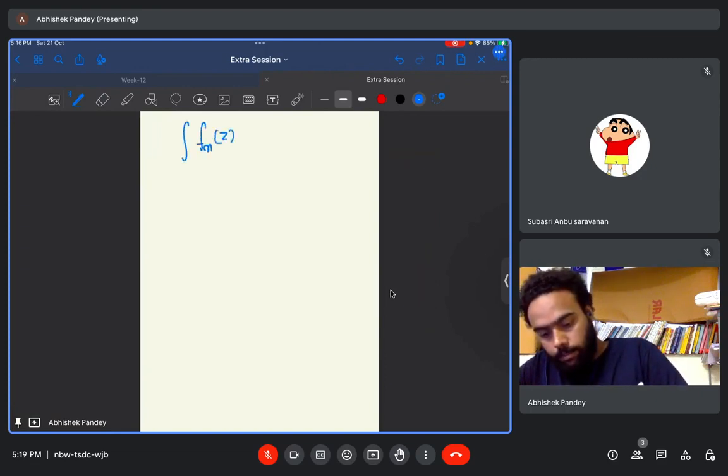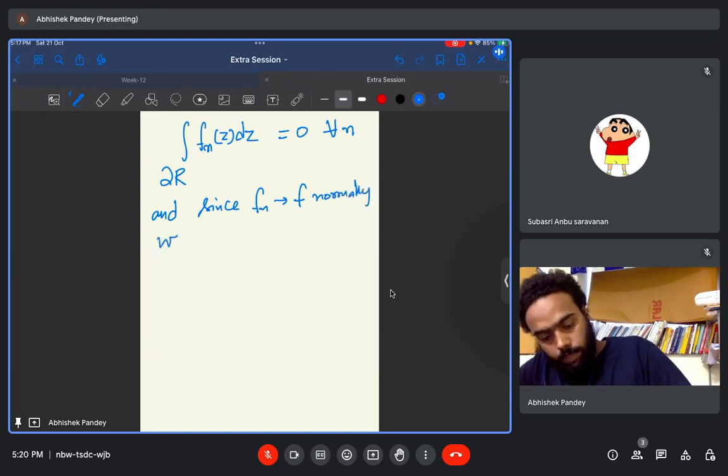the integral of f_n(z) dz over the boundary of the rectangle is equal to 0 for every n. And since f_n converges to f normally, the integral over the boundary of R of f(z) dz is the limit as n tends to infinity of the integral of f_n(z) dz.